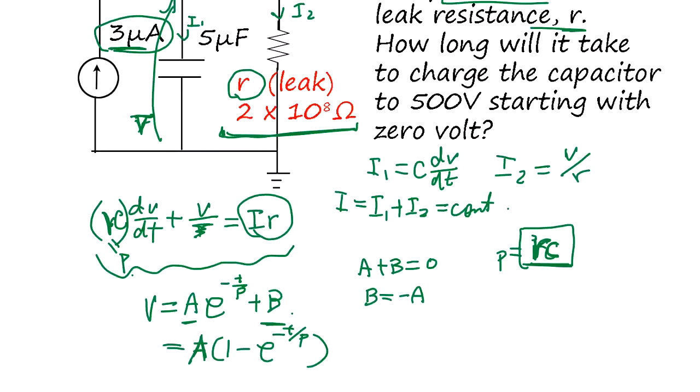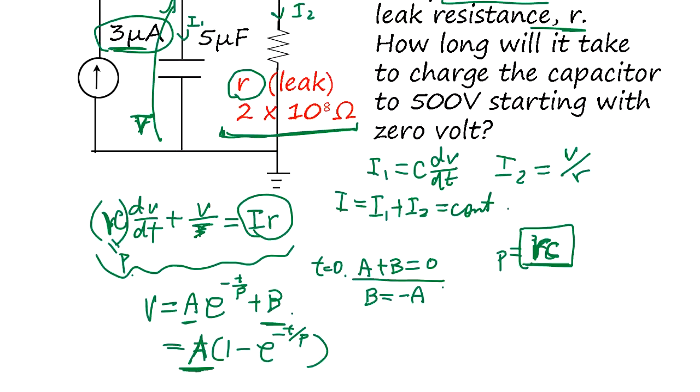Okay, so when t is 0, the equation is satisfied, it's going to be 0. V is 0. You need one more condition to determine the constant A. Let's see how to determine that.